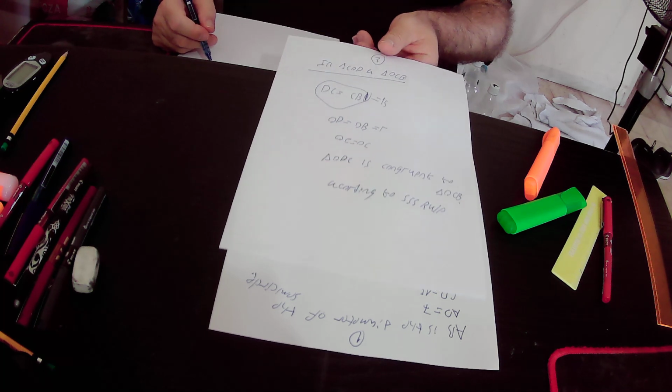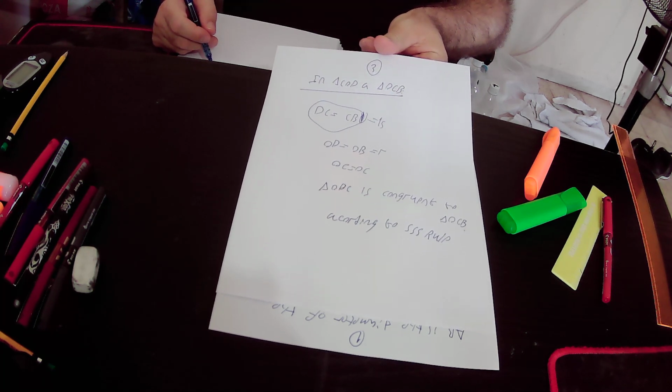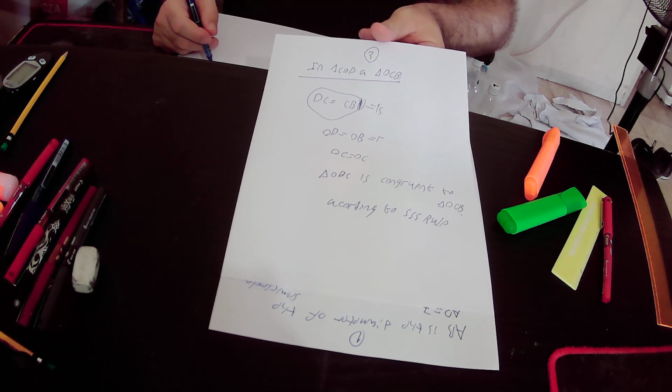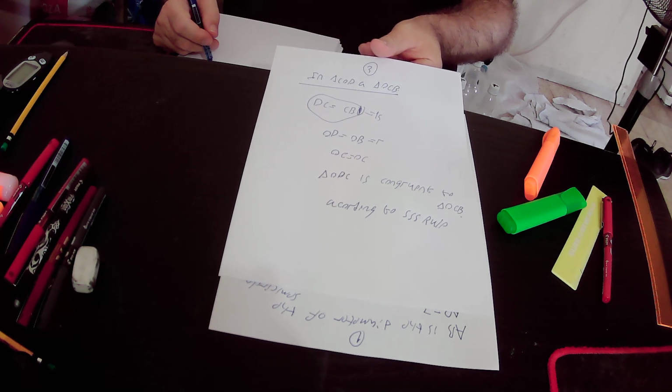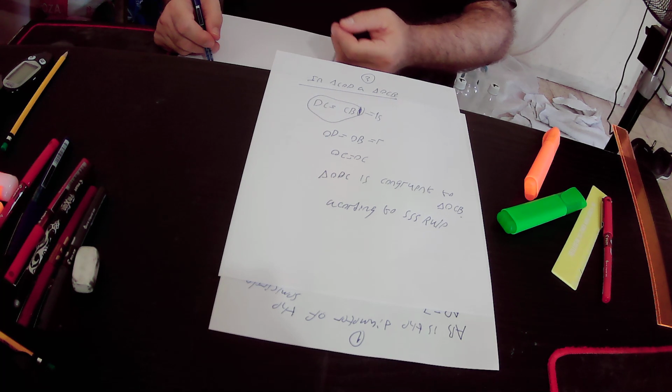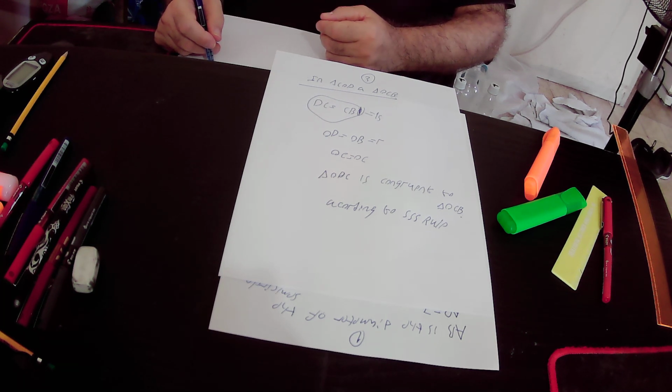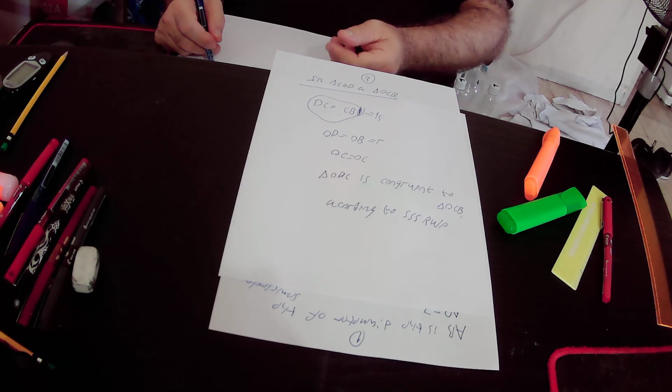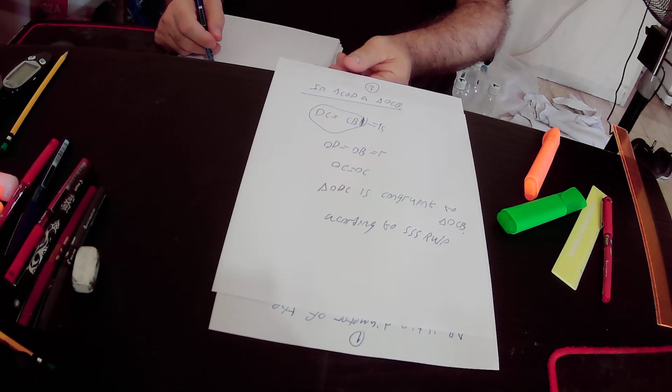Side rule means that if you prove that all the sides of one triangle are equal to all the sides of another triangle, then those two triangles will be congruent to each other. Okay?